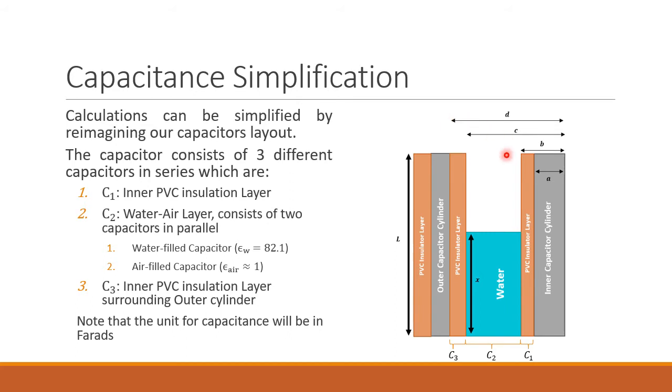And C2 consists of 2 capacitors that are in parallel. The first is the capacitor which is filled with water, that has a dielectric constant of 82.1, and the second is the capacitor that is filled with air, which has a dielectric constant of approximately 1. And finally, the unit for capacitance, which will be used throughout our calculations, is farads.